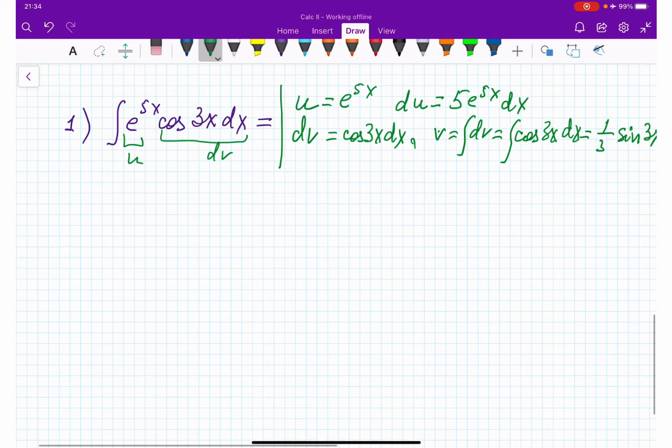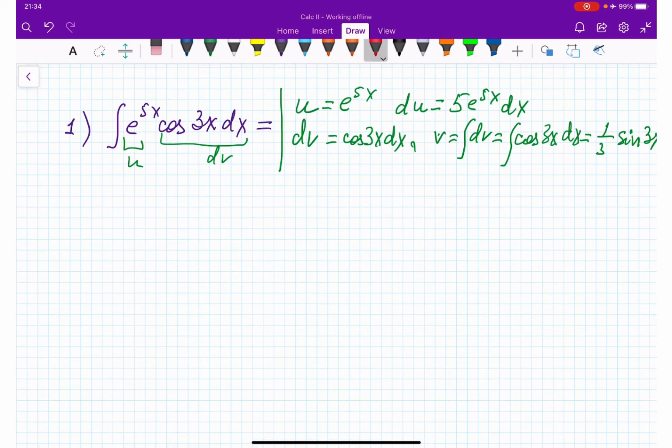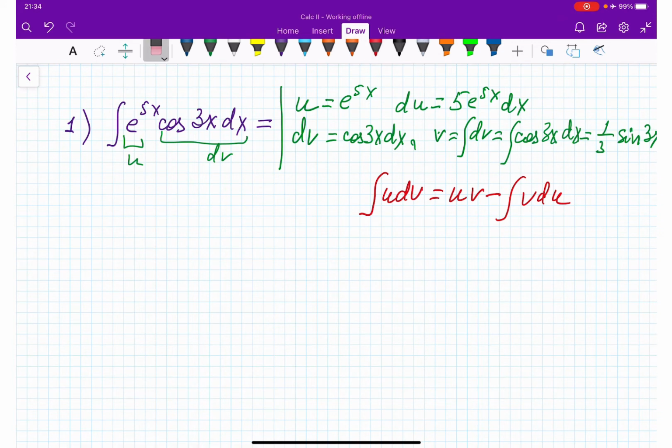Okay, so we are going to follow again the rule: integral u dv is equal uv minus integral v du. All right, so what do we have here?